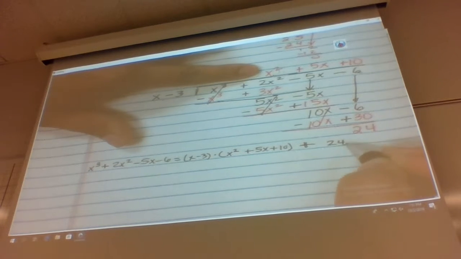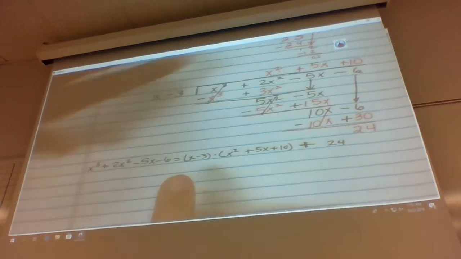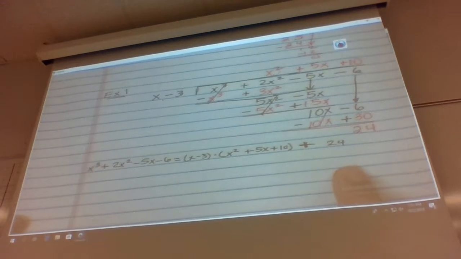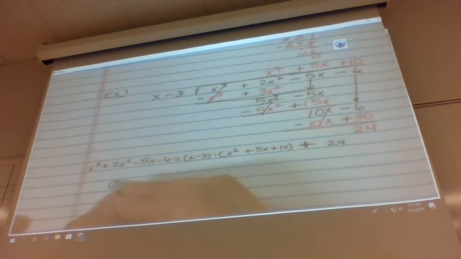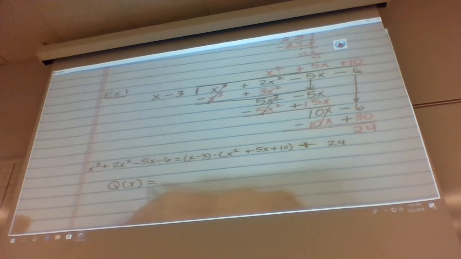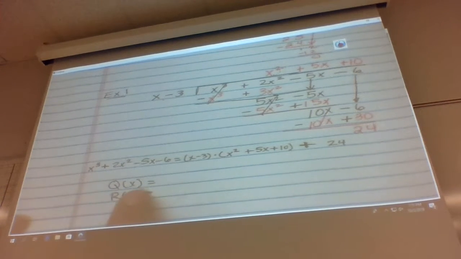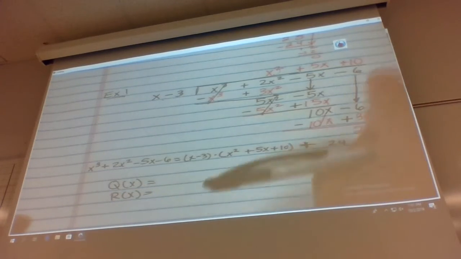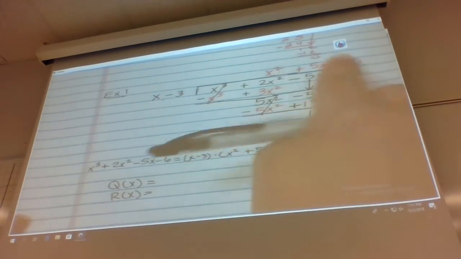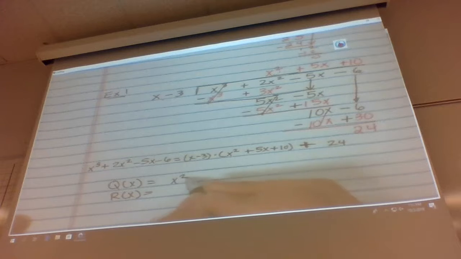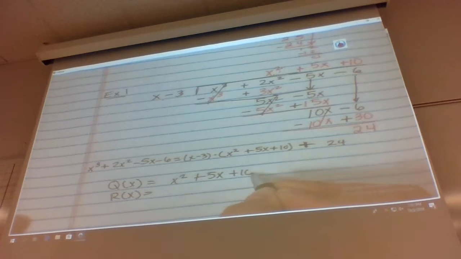I don't think they ever make you write it out like that. What I've seen is they'll tell you, hey, who's your Q of x, who's your R of x? So you need to know my Q of x is your quotient, which is your answer up here. So you would just type in x squared plus 5x plus 10. Who was your remainder? 24.